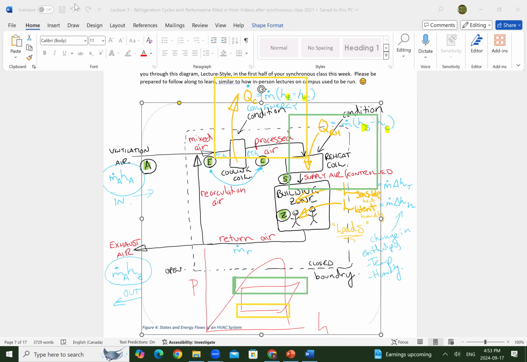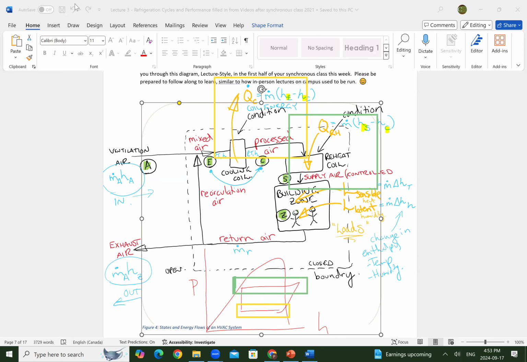And then now we get into where the loads are. So the problem is that this is not like that typical heat pump system, in that it has this building zone where there are some loads happening. So these happy people sitting in here actually are giving off some heat.